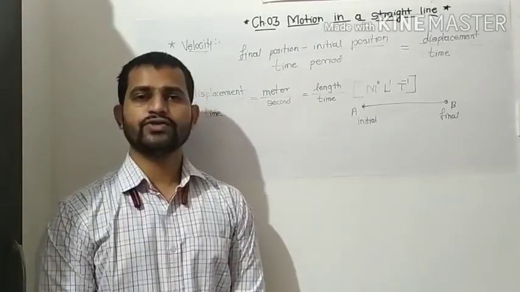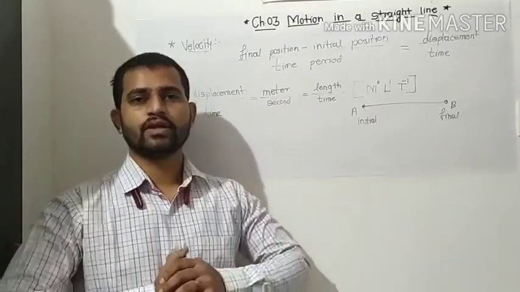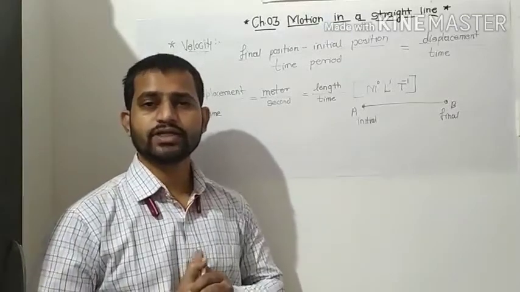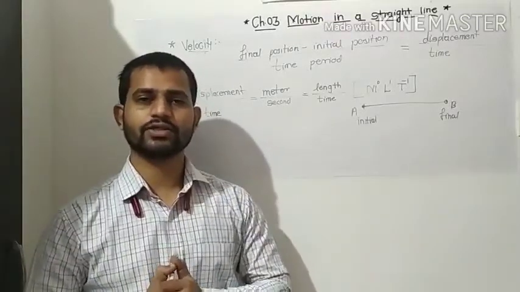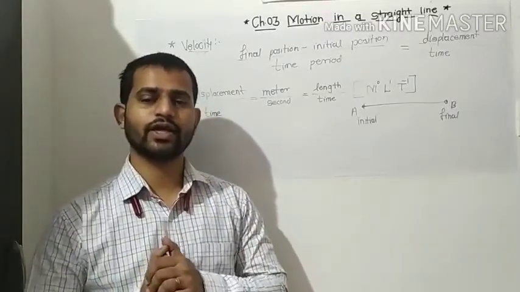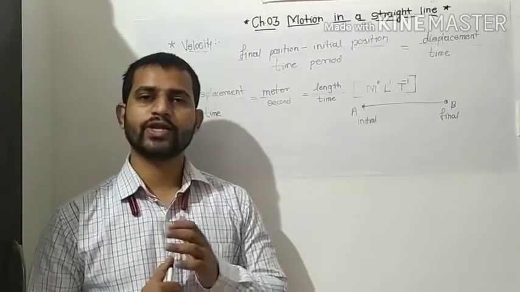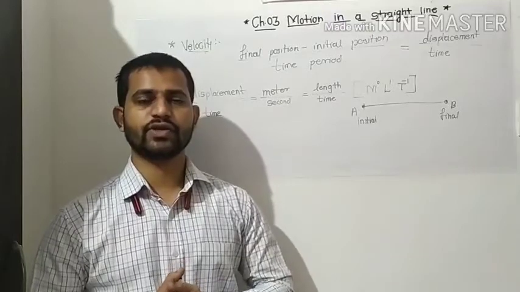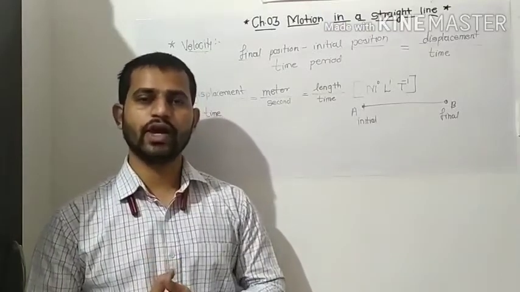Now the velocity can only be measured along a straight line path. That is, the displacement can be measured only along a straight line path from the final position to the initial position. So the velocity can have only one value.